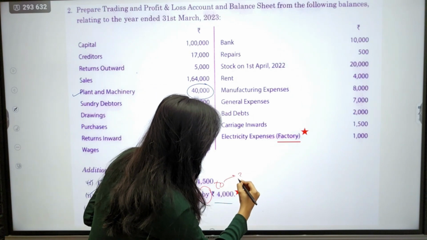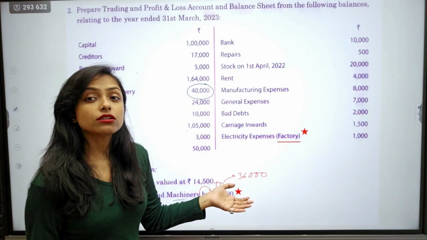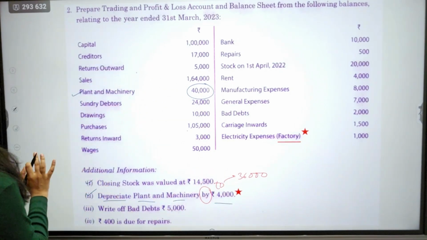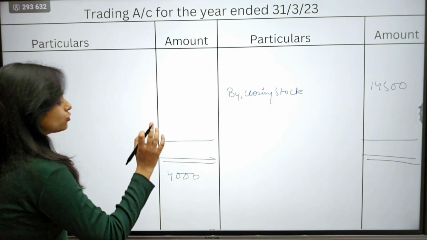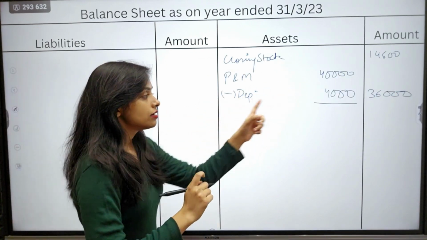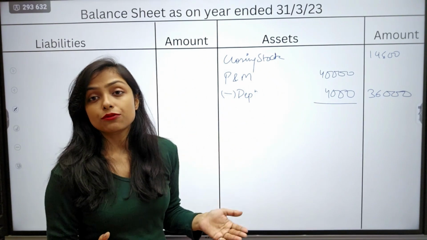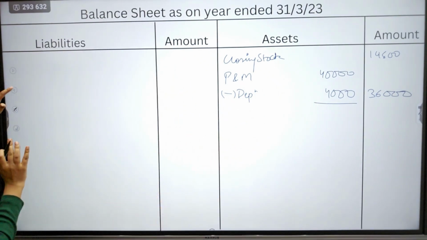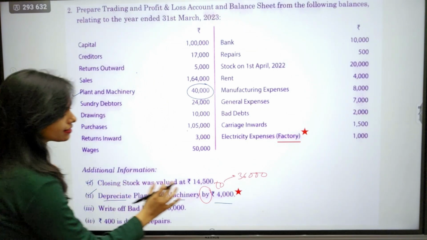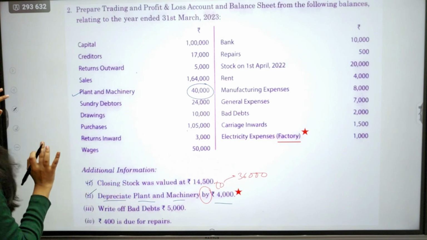Then it will be 36,000 rupees. And the same treatment you are going to do that you have done for 4,000. Now you will do it for 36,000. You will write it 36,000 over here, and 36,000 you will minus from here. The final value will become 4,000. Exactly what the question would be saying to you. Fine, this is just a trick point that I am giving you over here. Now, let's read on.